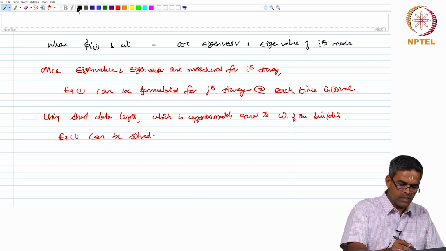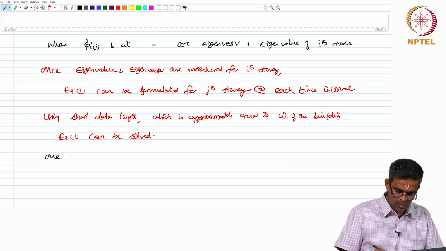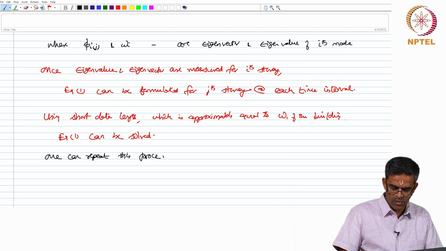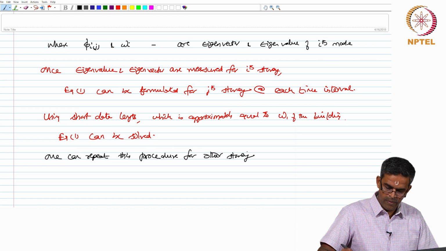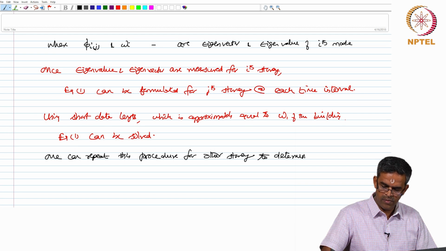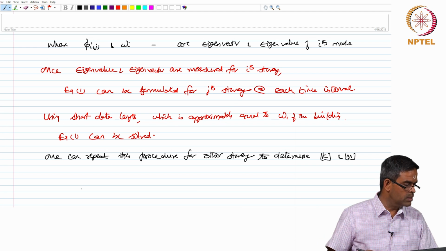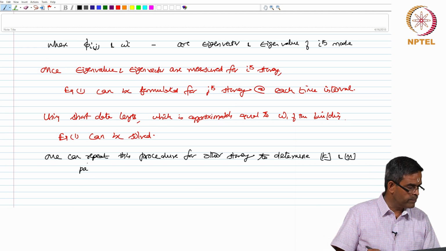One can repeat this procedure for other stories to determine stiffness and mass parameter of each story.